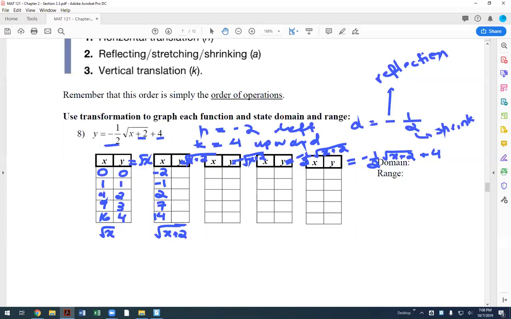But -2 plus 2 is 0, square root of 0 is 0. -1 plus 2 is 1, square root of 1 is 1. 2 plus 2 is 4, square root of 4 is 2. 7 plus 2, of course, is 9, square root of 9 is 3. And again, just so that we have this, 14 plus 2 is 16, square root of 16 will be 4, right?